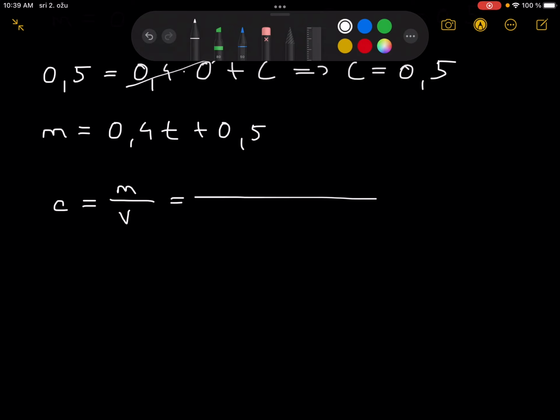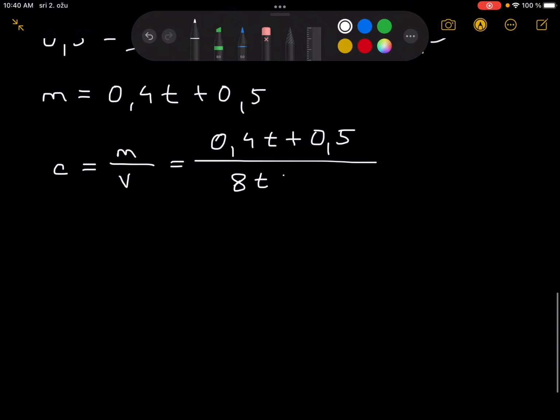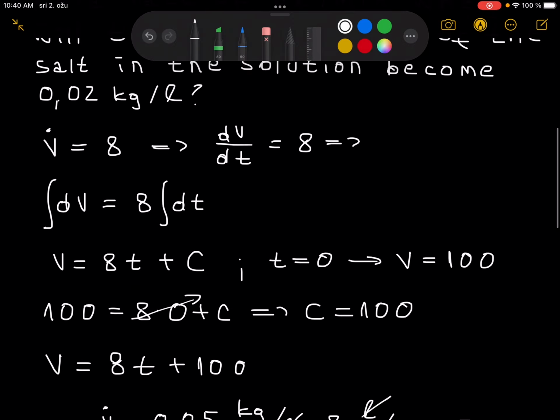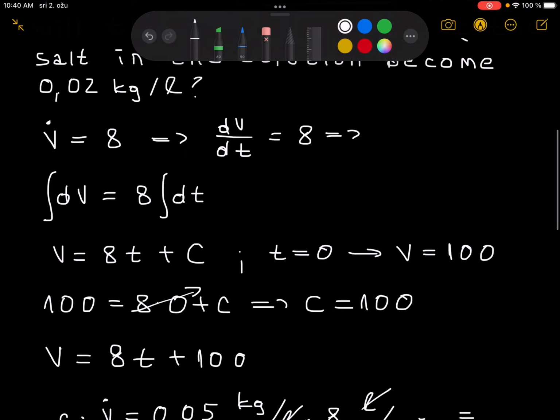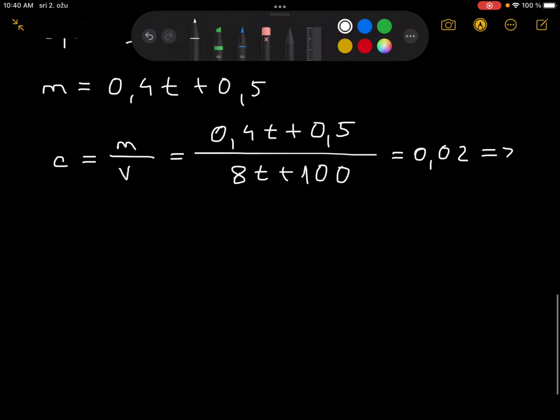So this is equal to 0.4t plus 0.5 over 8t plus 100. Now we want to find out at exactly which moment the concentration of this solution will become 0.02 kilograms per liter.